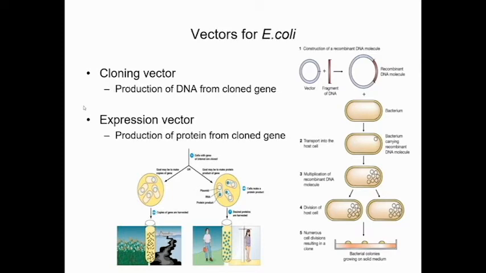The second type of vector is the expression vector. It's for production of a protein from the cloned gene, like on the right side here. So today we will go through the cloning vector, and tomorrow we will go through the expression vector.